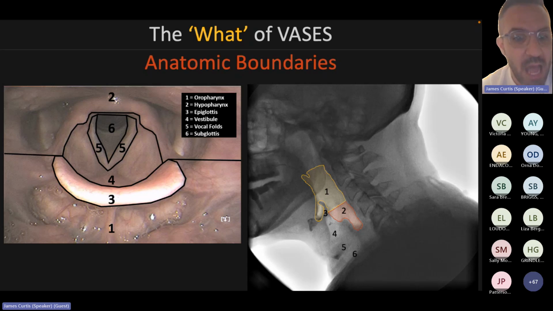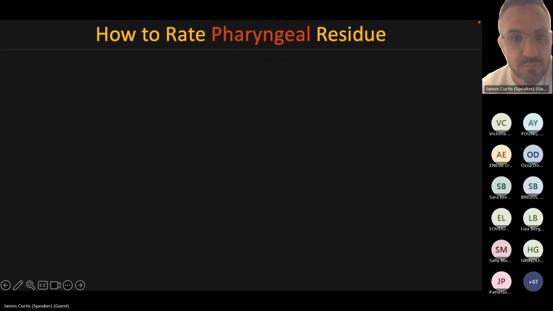A little further down on video fluoroscopy, we have the hypopharynx, which is supposed to line up with the hypopharynx on our endoscopic image. We have the epiglottis here, highlighted in darker red. We have our laryngeal vestibule, our vocal folds, and our subglottis. This is essentially how it's trying to map onto video fluoroscopy.